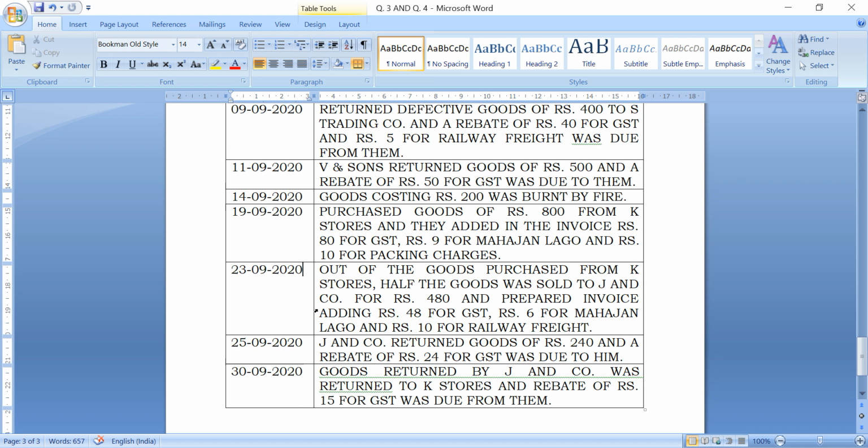3 more transactions are left. Now it's time for September 23.